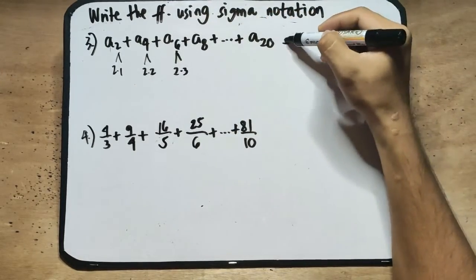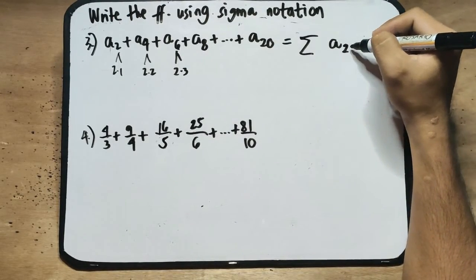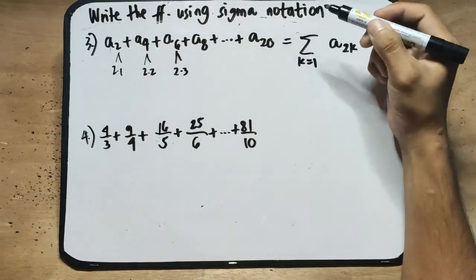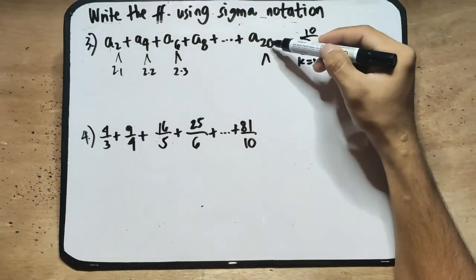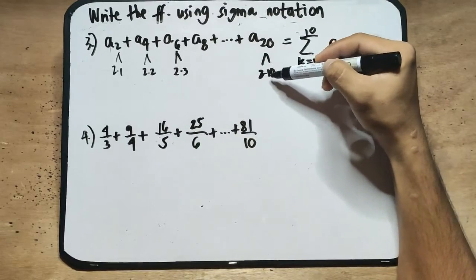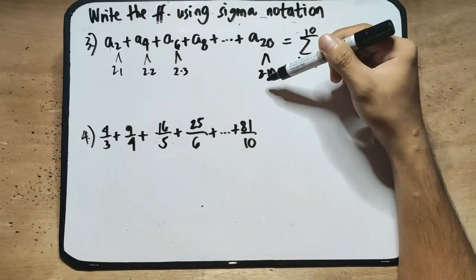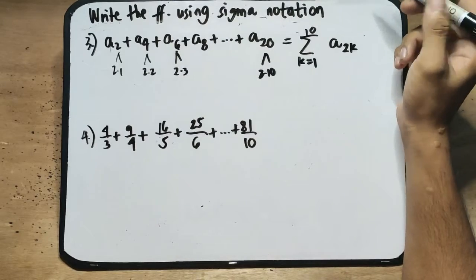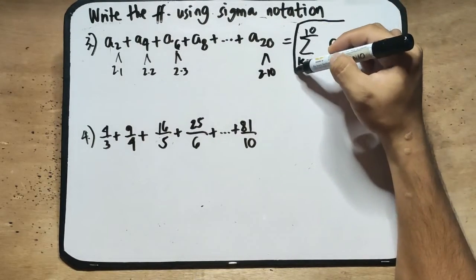So, ibig sabihin, ang kanyang sigma notation ay a sub 2k from 1 up to 10. So, paano nakuha yung 10? Ang factors ni 20 ay 2 at 10. So, ang last na term ay nakuha by multiplying 2 and 10. So, 10 yung ating upper bound. So, our answer will be the summation of a sub 2k from 1 to 10.